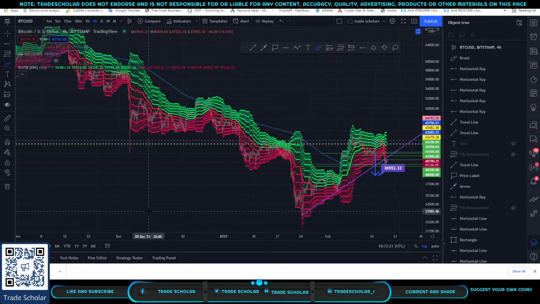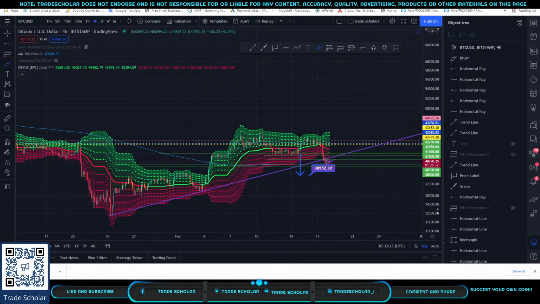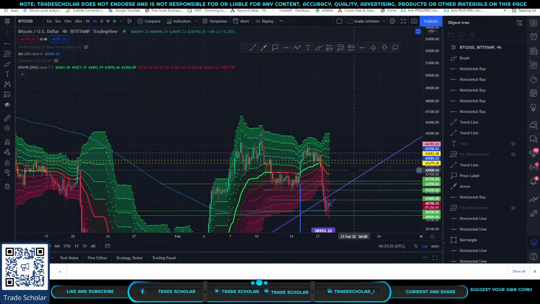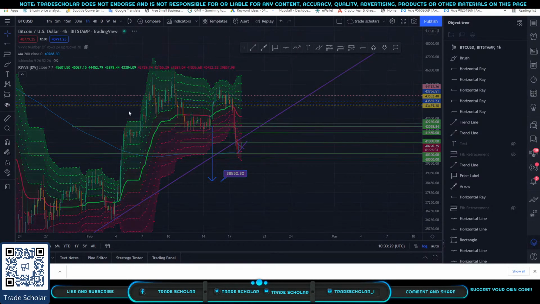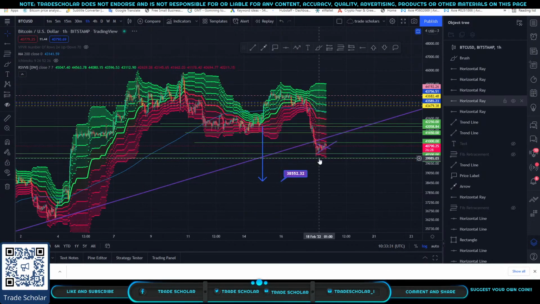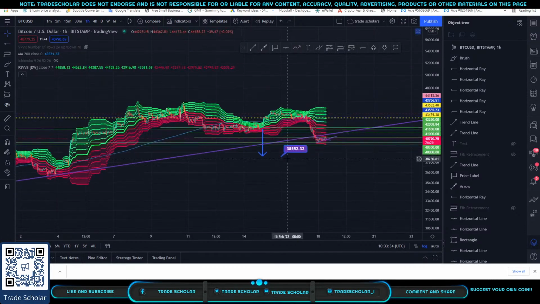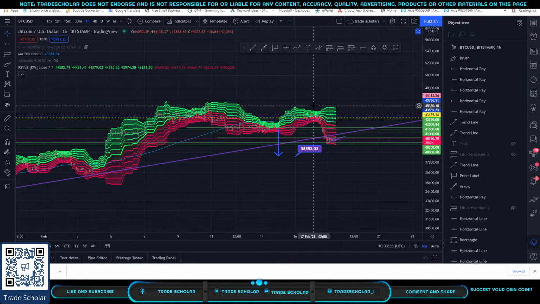But if we don't hold this one, then we can continue to see movement to the downside. On this time frame, we are also having this massive movement right here. I hope this is just a fake out, but if not, then we can continue to see movement to the downside.